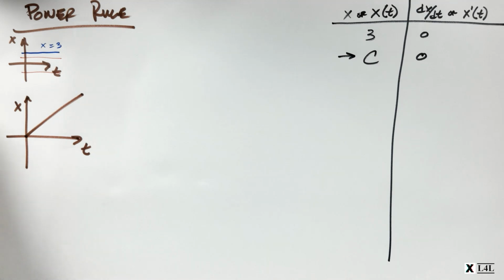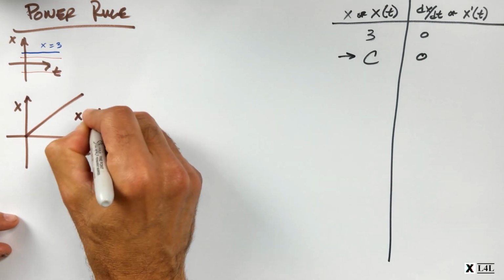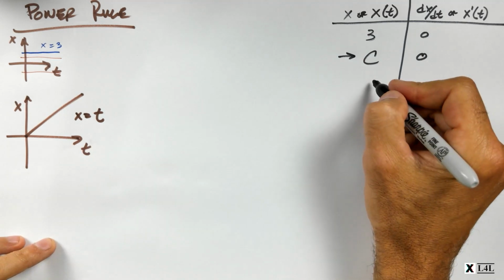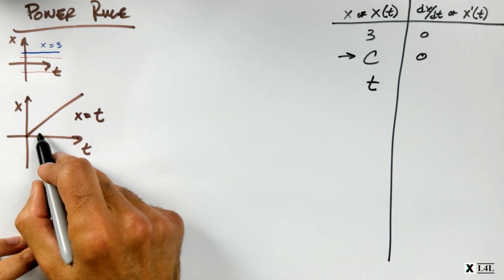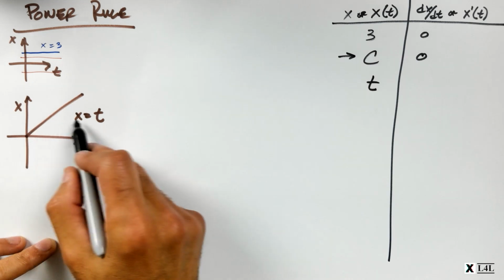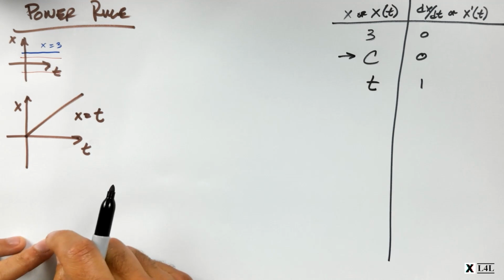So let's say x equals t. Well, if x equals t, what do we get? The slope is 1. Put in 1, I get 1. I put in 2, I get 2. So the slope, or the change, is 1 to 1. So for t, we get a value of 1.